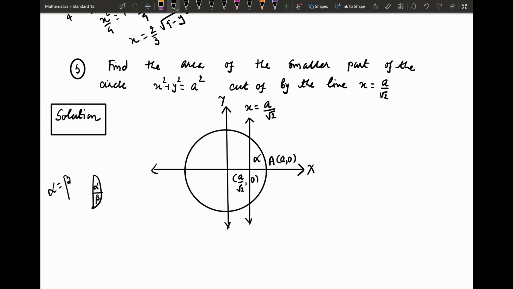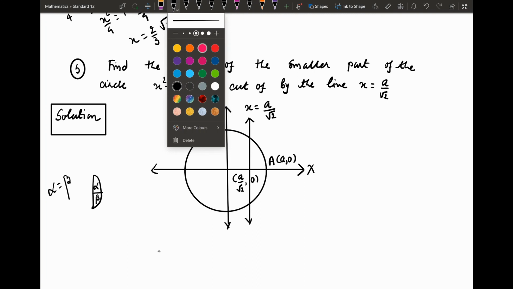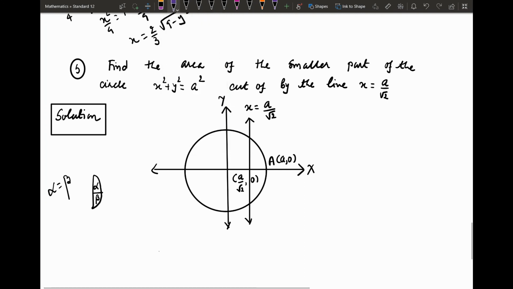So in the description we have to mention that the given line cuts the circle as shown in the figure.